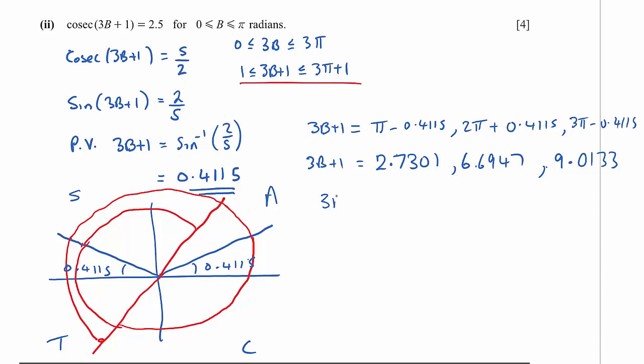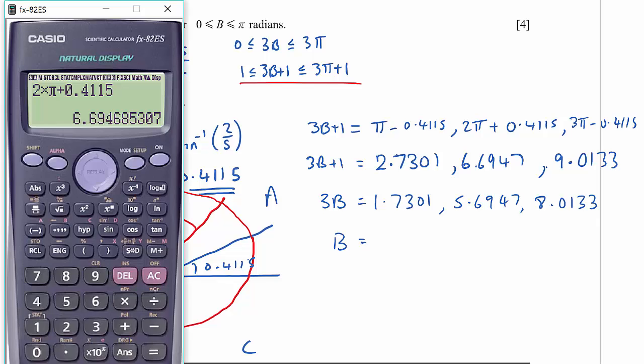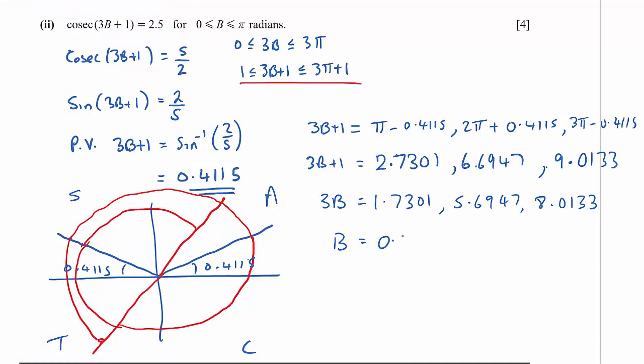Okay, so 3b is just going to be take 1 away from each of those: 1.7301, 5.6947, and 8.0133. And then we need to divide them all by 3. So 1.7301 divided by 3. We'll call that 0.577.